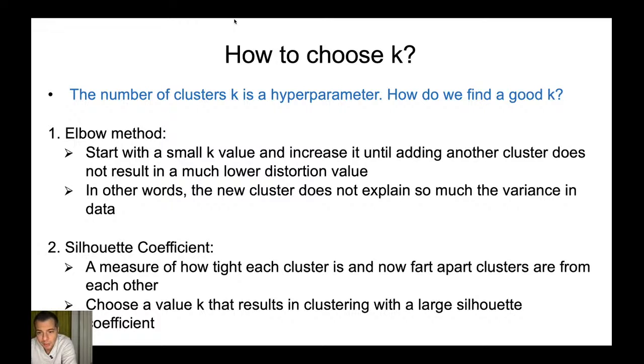So here we have a measure that tries to see how the clusters are distributed, and also tries to take into account the intra-cluster agreement and the inter-cluster distance. In this case, we will choose a value k that results in a clustering with a large silhouette coefficient. So in ideal conditions, we will obtain a peak in this case for the optimal value of k.